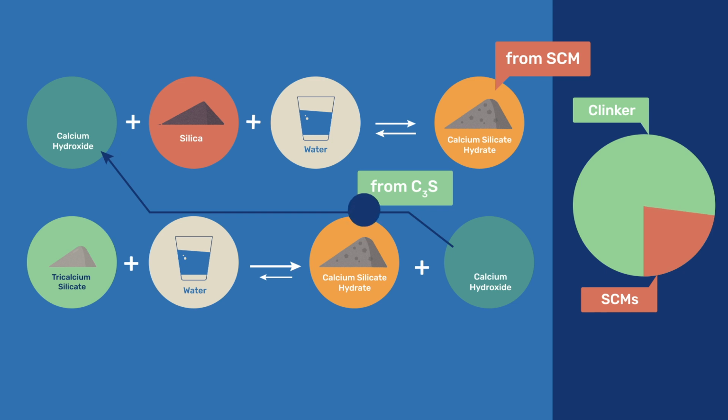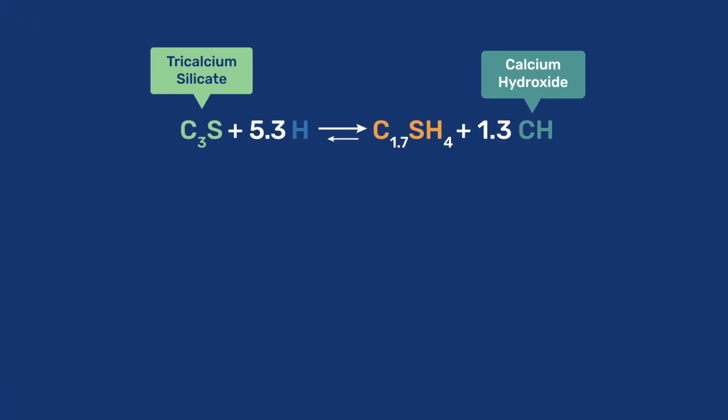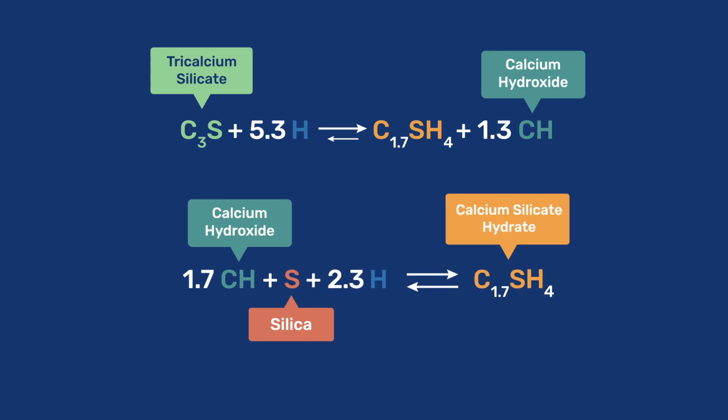To highlight this, let us combine both previous reactions to obtain a full consumption of the calcium hydroxide. 1 mole of C3S produces 1.3 moles of CH. Additionally, 1.7 moles of CH can react further with 1 mole of silica to produce 1 mole of C-S-H.